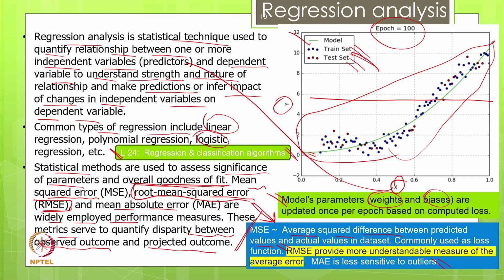Mean absolute error should be highlighted, because it is less sensitive: when you square, values become a little more sensitive, but here we take only the absolute value, we are not squaring. So if there are many more outliers, then we try to use MAE, otherwise we will be using RMSE in our case.